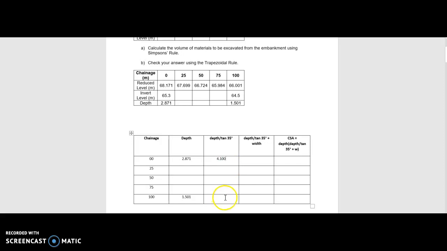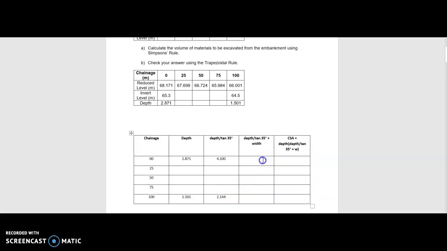And we can do the same for the bottom one as another example: 1.501 divided by tan 35 is 2.14, and we'll round that up, 2.144.